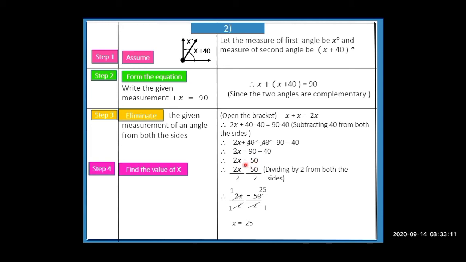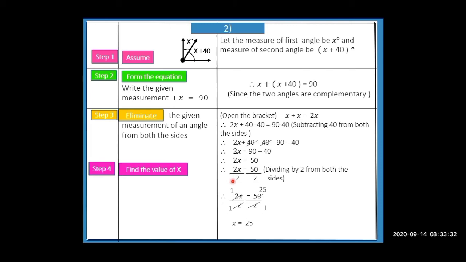But students, we have to find the value of x, not 2x. So, the further step will be find the value of x. Therefore, 2x upon 2. Last lecture we saw that multiplication, if it goes to the right hand side, becomes division.